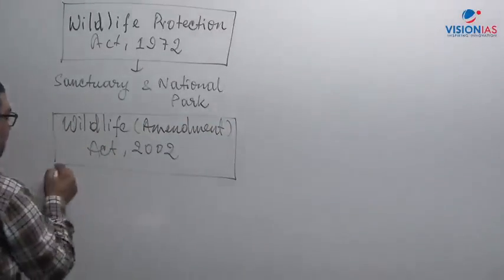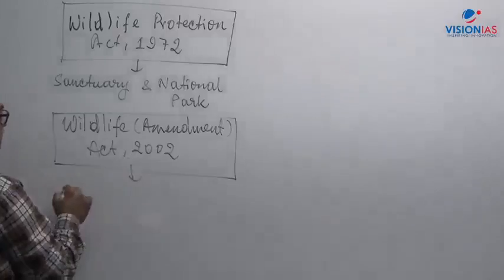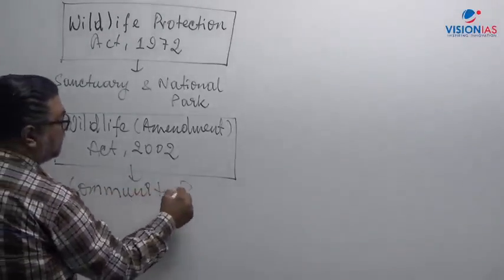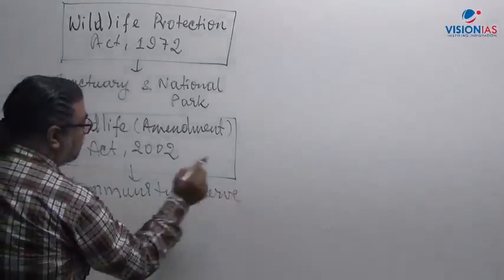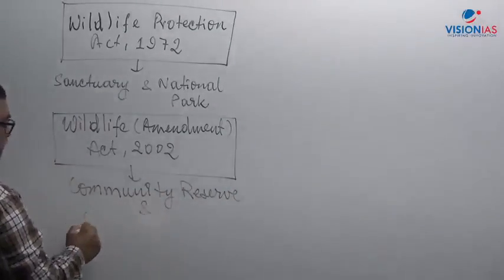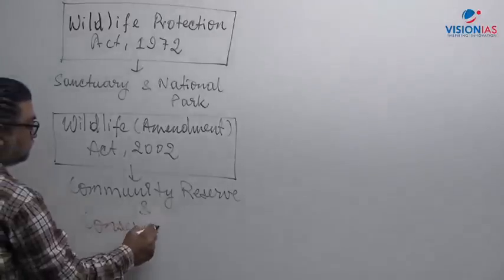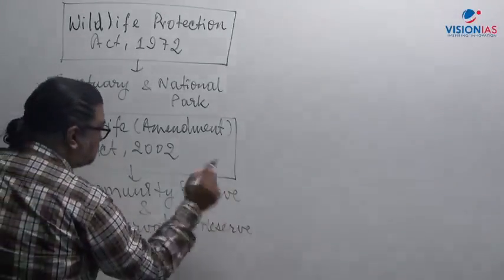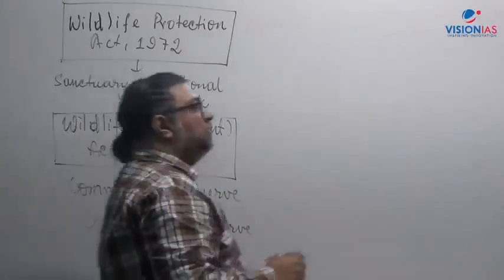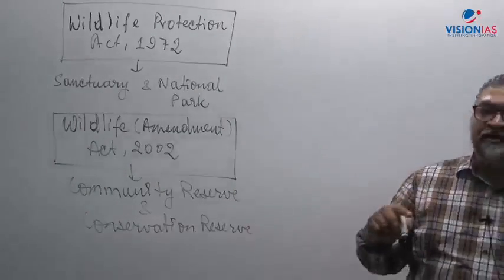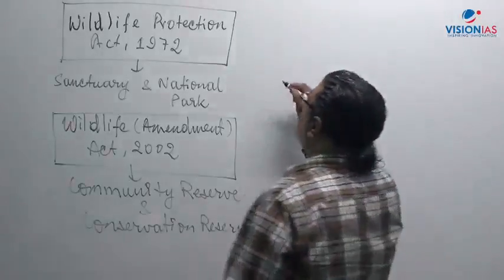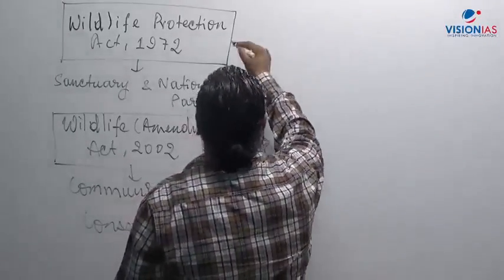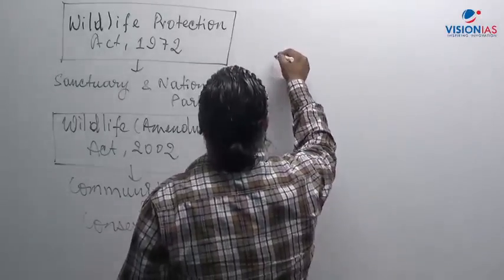In the Amendment Act, it provided two concepts: community reserve and conservation reserve. We will be discussing these in the classroom. Now, another thing: the Government of India brought another law under which comes the Tiger Reserve.